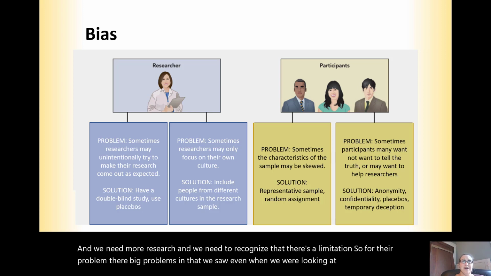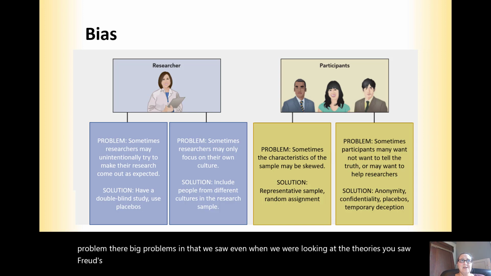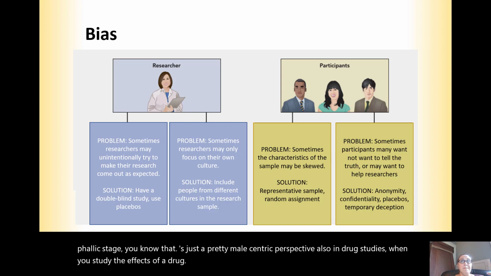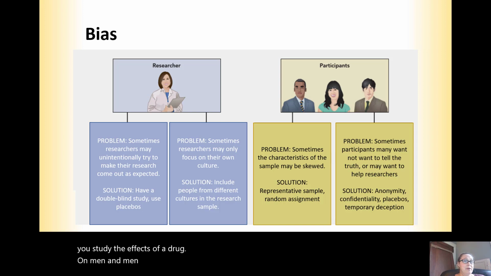You saw Freud's idea about psychosexual development, and he's naming the phase in early childhood the phallic stage. That's just a pretty male-centric perspective. Also in drug studies, when you study the effects of a drug on men and men alone, you're not going to really understand whether that drug is going to affect women and what the dosages should be.